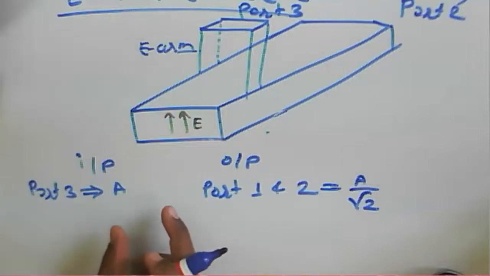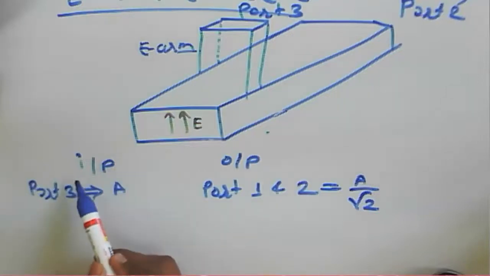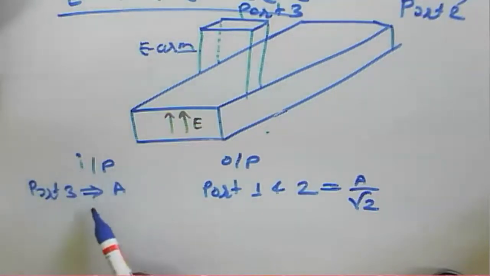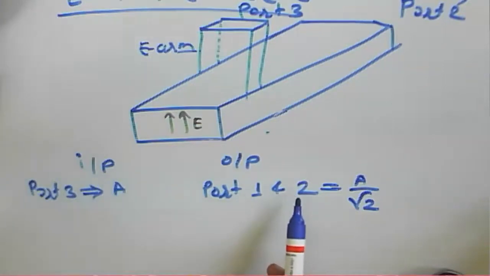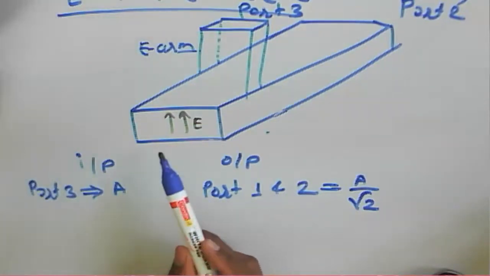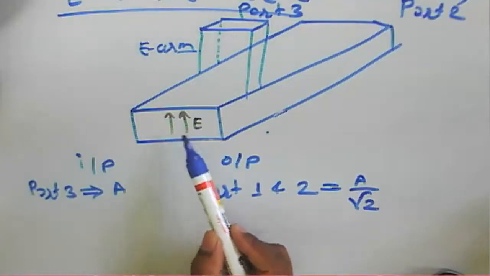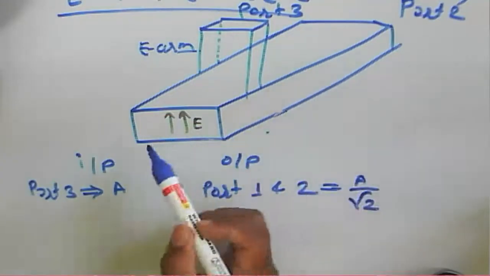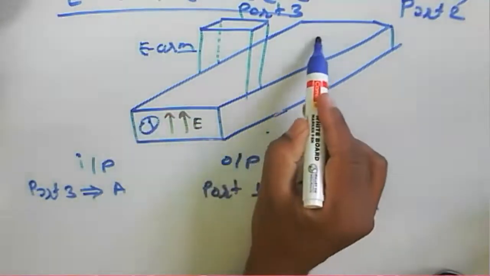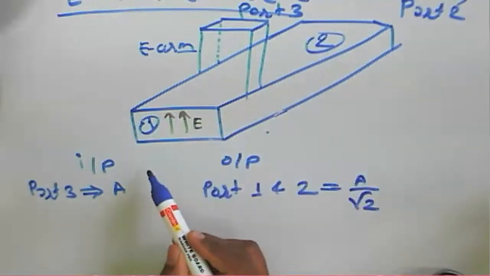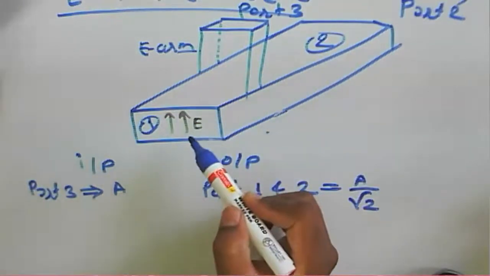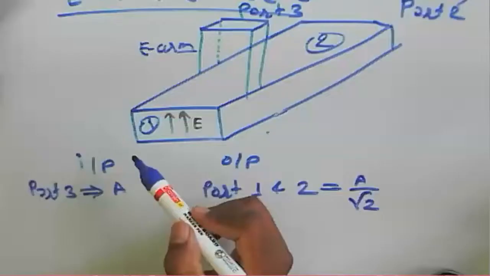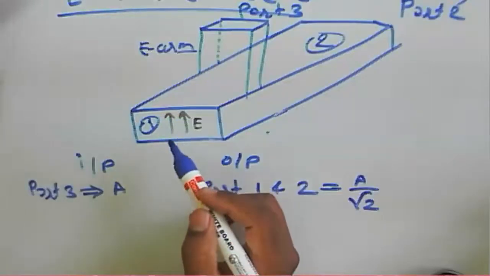Because we are just talking about the amplitude, the amplitude is equally divided here. But at port 1 and port 2, the waves we are getting are out of phase.